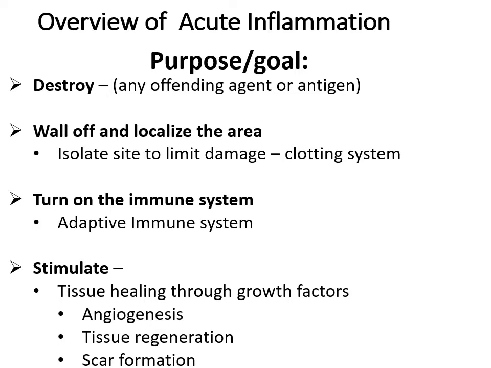There's going to be inflammation to try and clear the injury and also potentially the infection. Wall off and localize the area, okay? And that's where the swelling is going to come in. It's going to wall off the area with tissue edema. The clotting system with platelets are going to come in and stop the bleeding in the area. Okay, they're going to form a platelet plug.